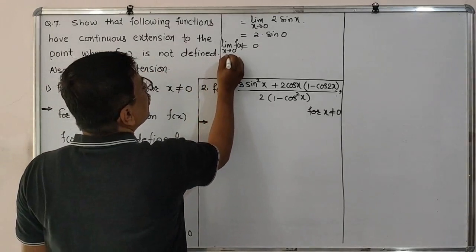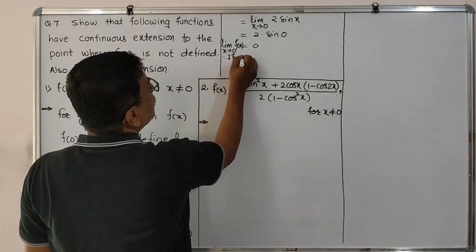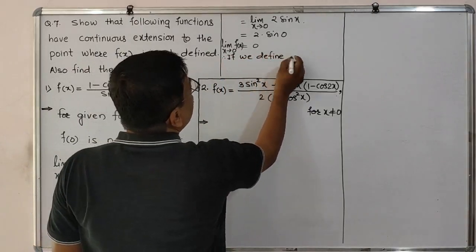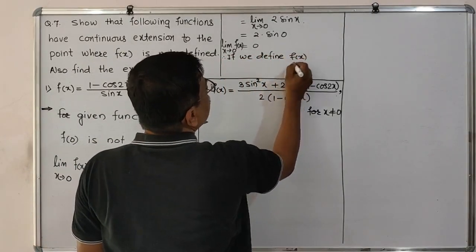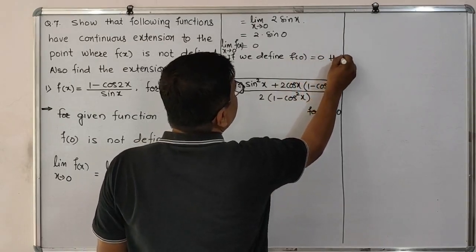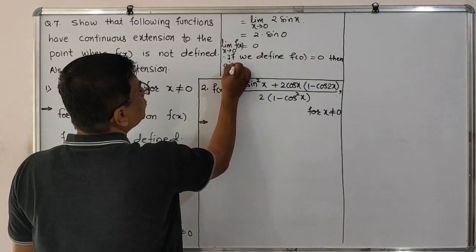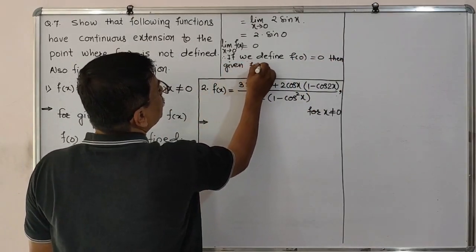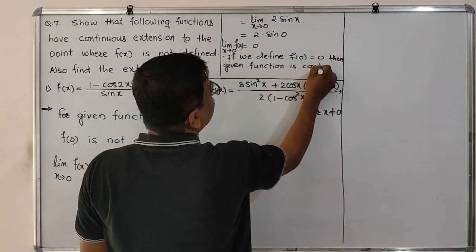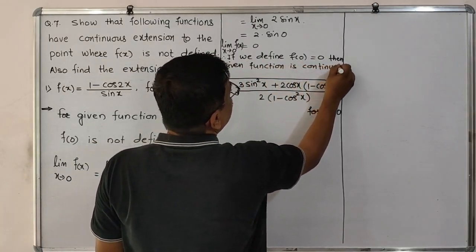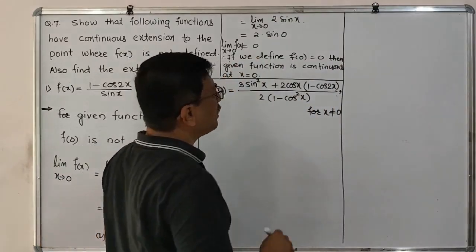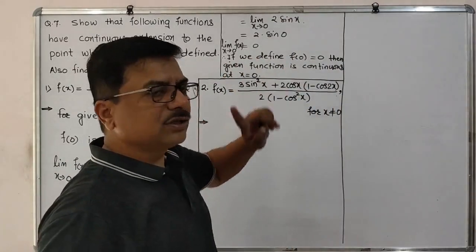Therefore, if we define f of 0 is equal to 0, then the given function is continuous at x is equal to 0. It means our extension is f of 0 is equal to 0.